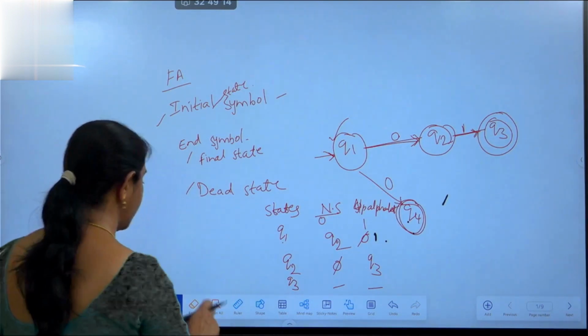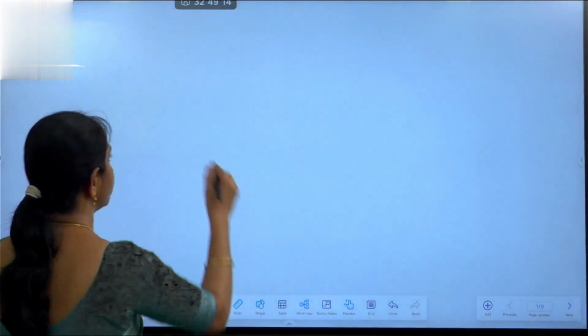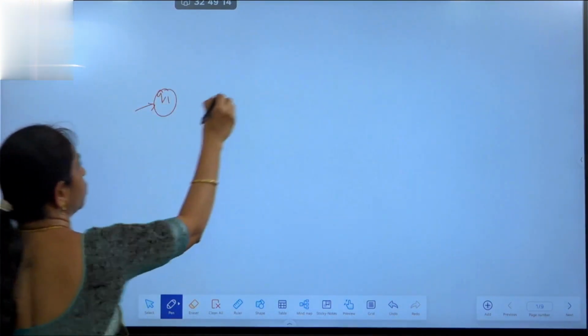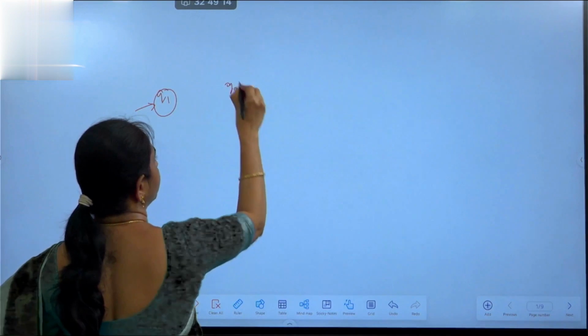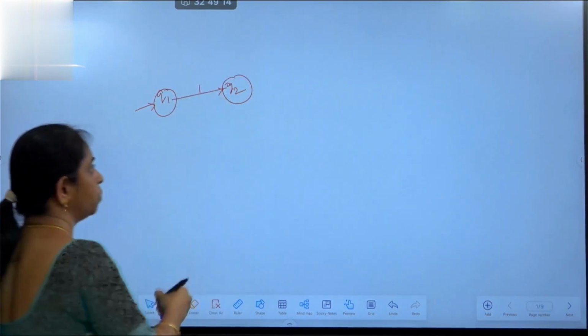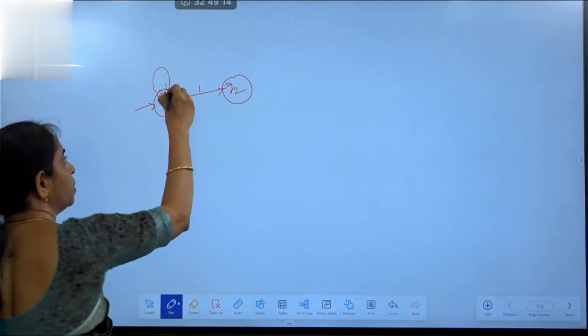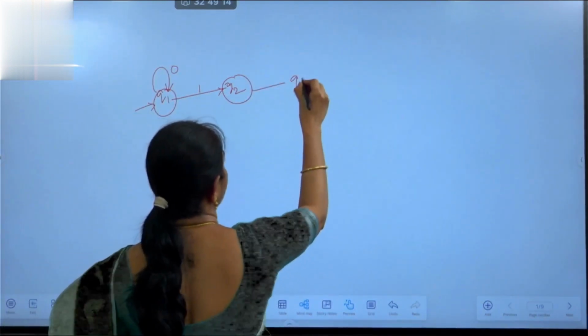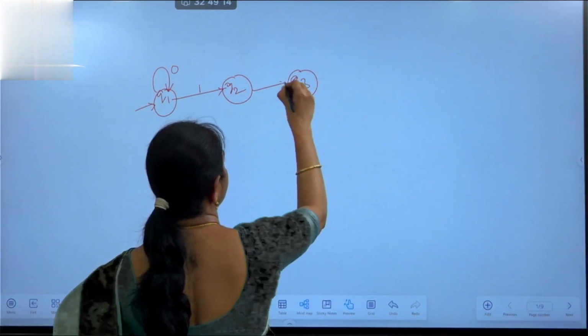Now we will see how the transition table and the finite automata are drawn for Q1, Q2. On input alphabet 1 we go to Q2; on input alphabet 0 we go to the next state Q3.